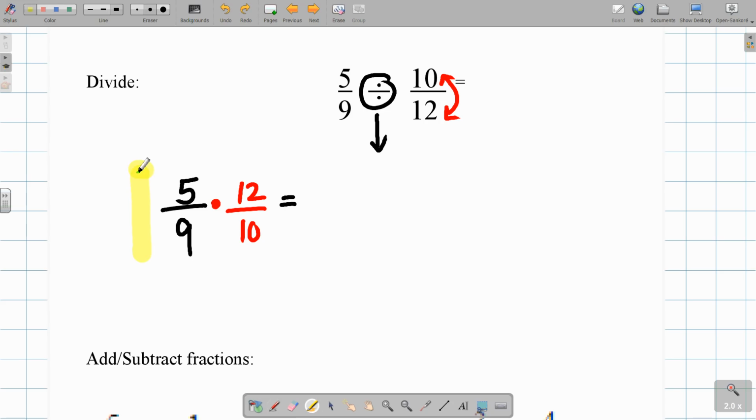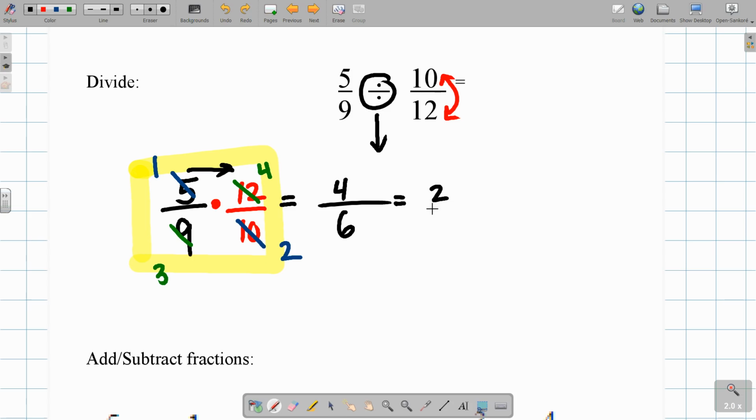Now, because we're on the same side of the equal sign, you can go ahead and factor stuff out. Five goes into 10 twice, 3 goes into 9 3 times, and 12 4 times. And you simply multiply straight across once you factor. That's 4 over 6, just 2/3.